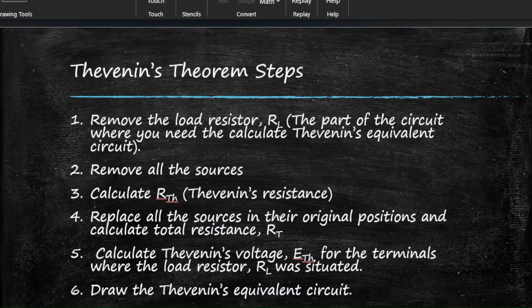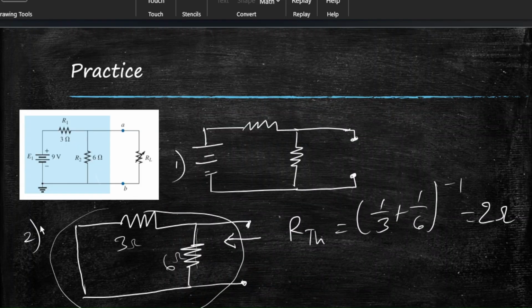Now let's go to step 4. Replace all the sources in their original positions and calculate total resistance. So basically we will again redraw this circuit. Now we have the sources in place, right? The source is 9 volts here, and this was 3 ohm, and this is 6 ohm.